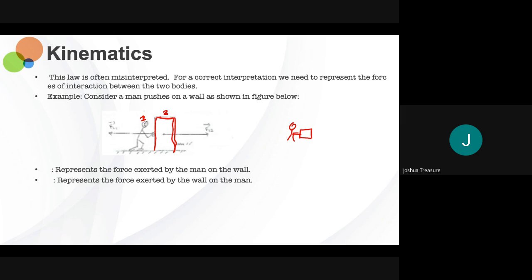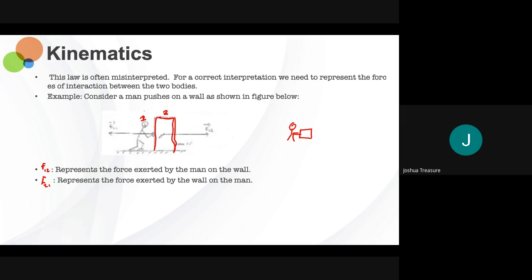Now, this is the force that one is exerting on two. F12 is the force that the man exerts on the wall, and F21 is the force exerted by the wall on the man.